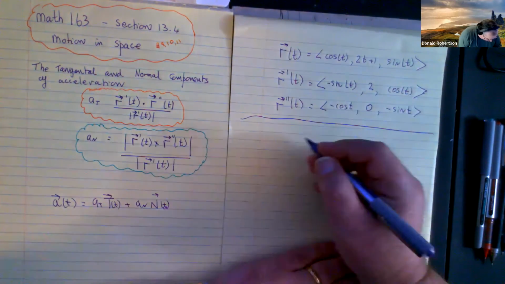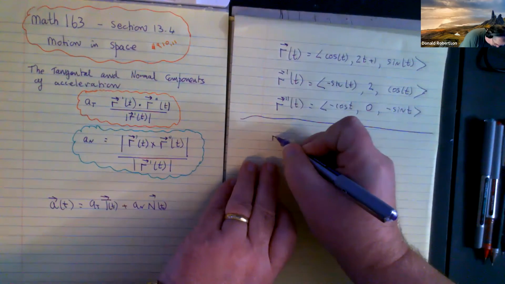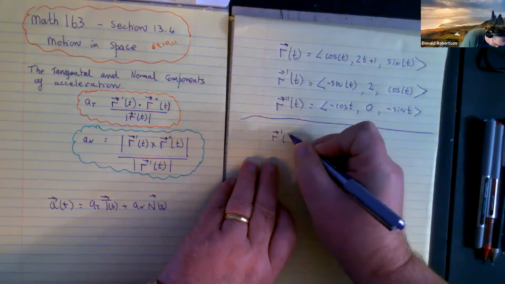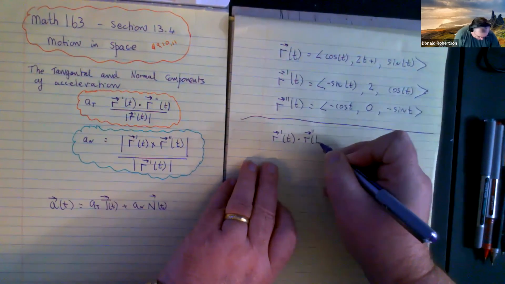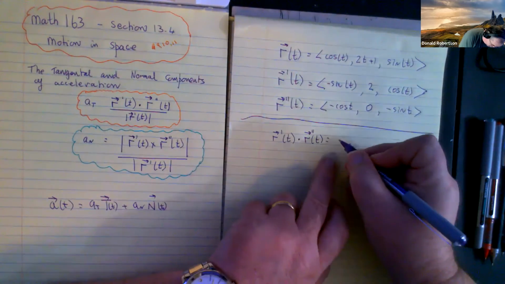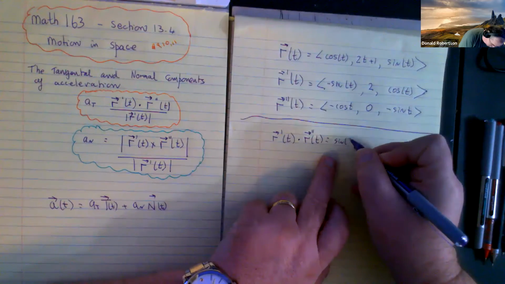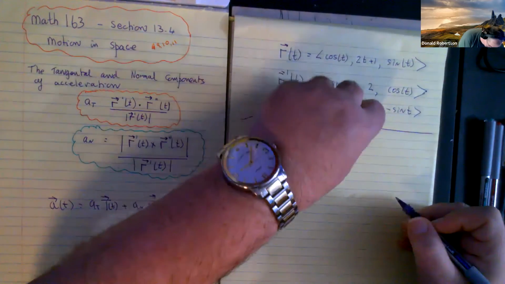If I'm going to do the top one, I now need to find the dot product of the first and second derivative. So that times that gets me positive sine t cosine t, plus that times that gets me 2 times nothing.